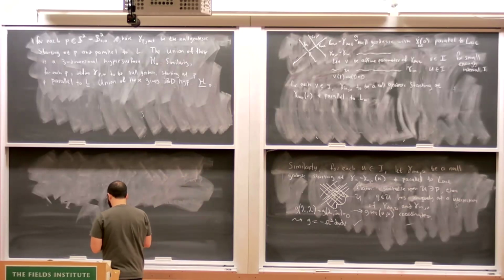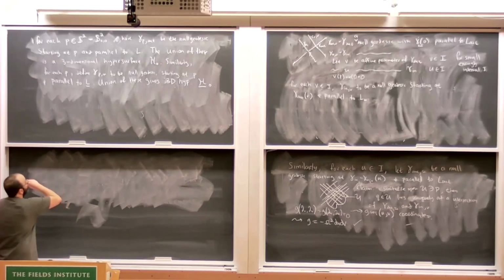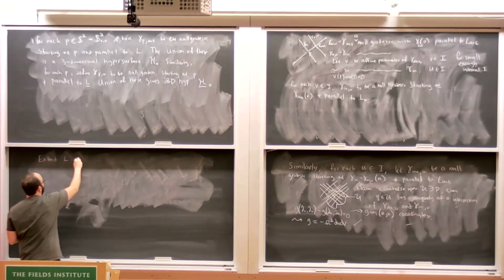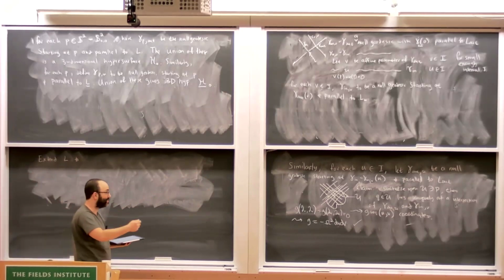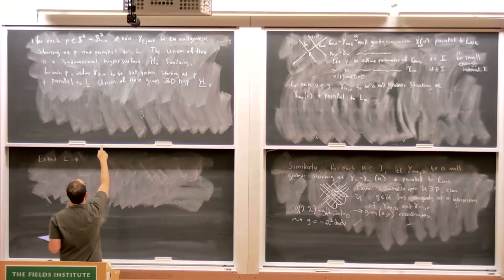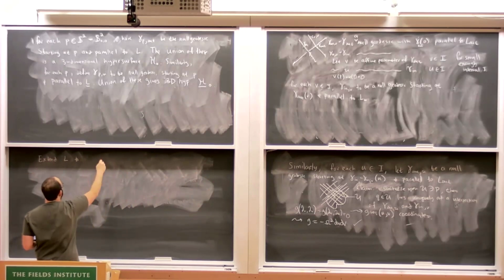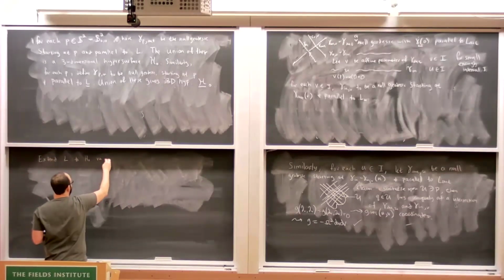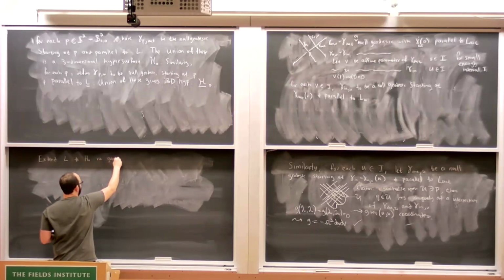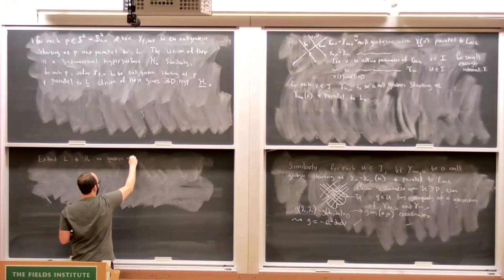First of all, I can extend this vector field L and L bar, which are first defined just on S2, to H naught, just by taking the geodesic equation.